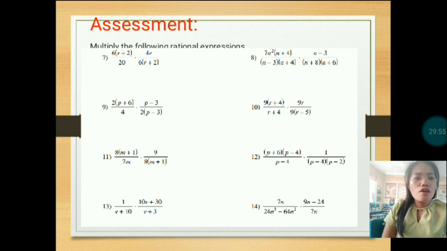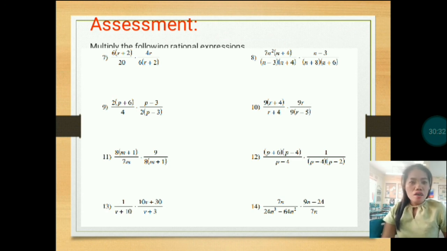Then number 11, we have 8 times m plus 1 over 7m times 9 over 8 times m plus 1. Number 12, we have p plus 6 times p minus 4 over p minus 4 times 1 over p minus 4 times p minus 2. Number 13, we have 1 over v plus 10 times 10v plus 30 over v plus 3.